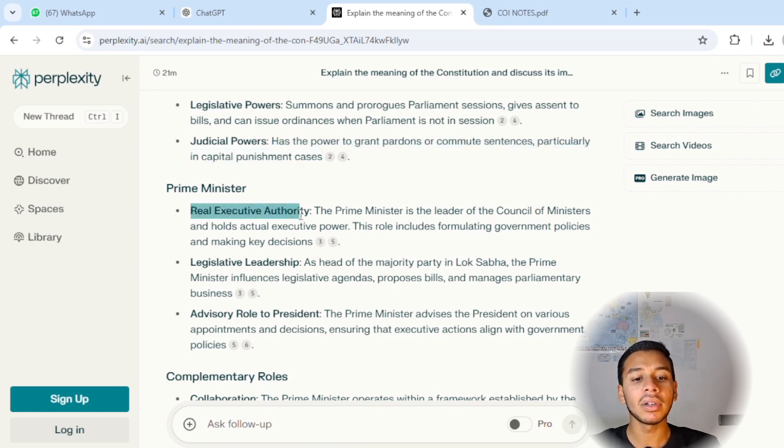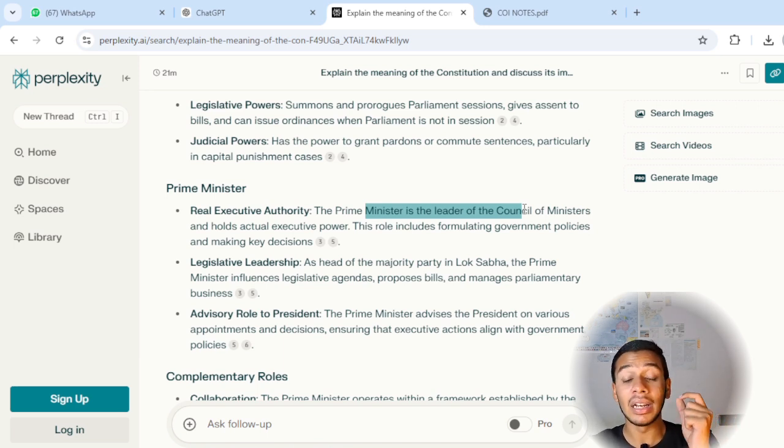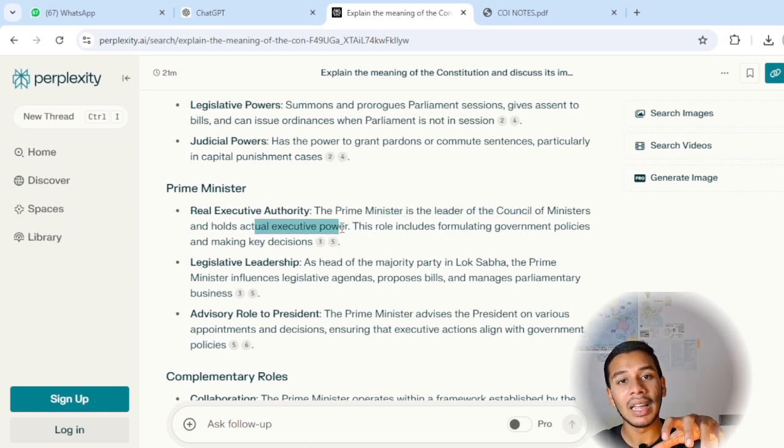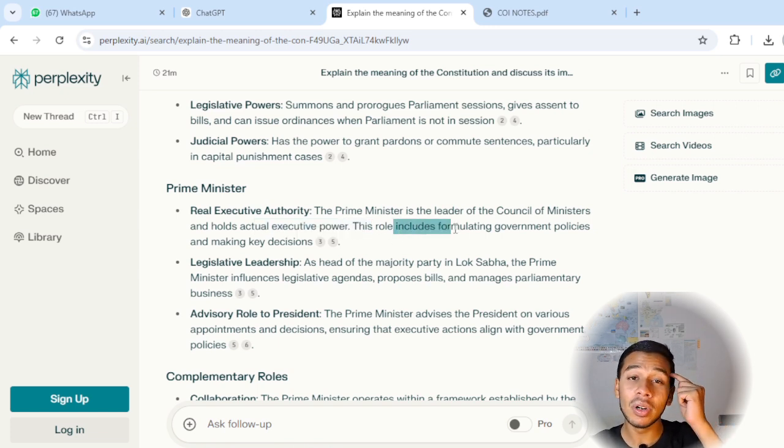Now let's talk about the roles of the Prime Minister. First one would be the real executive authority. What is real executive authority? It means the Prime Minister is the leader of the Council of Ministers. There is a set of members sitting in a council, and he is the head of all of them. The Prime Minister holds actual executive power.